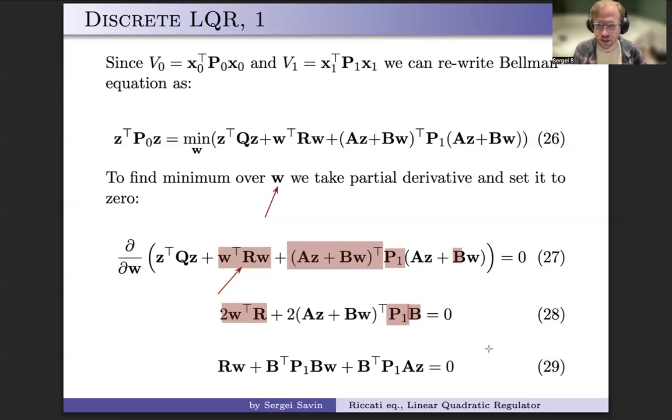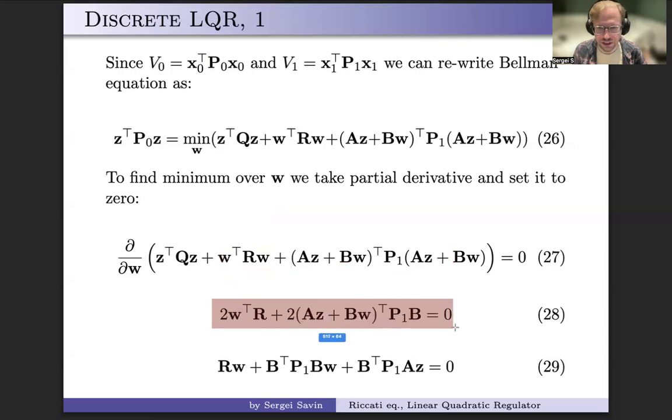So that's how we get this guy. All right. So this is what we would get by taking the partial derivative. We cancel the 2 here. We transpose it. So after transposing, this becomes this. This becomes this. And finally, the rest is here.